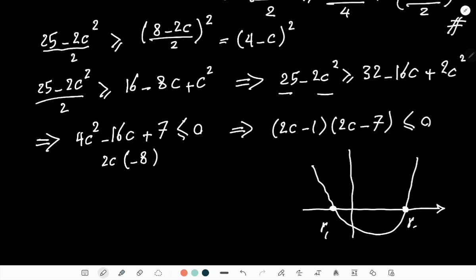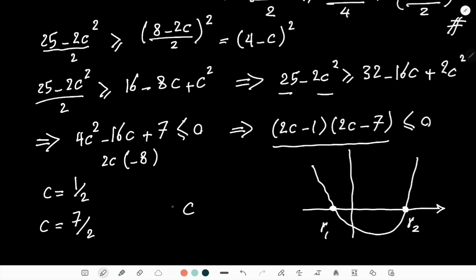In other words, I can say, what is root 1? It is 1 over 2, if you put this first parenthesis equal to 0, and the second one is 7 over 2. So I can say that the multiplication of these factors is always negative if c is between the two roots.